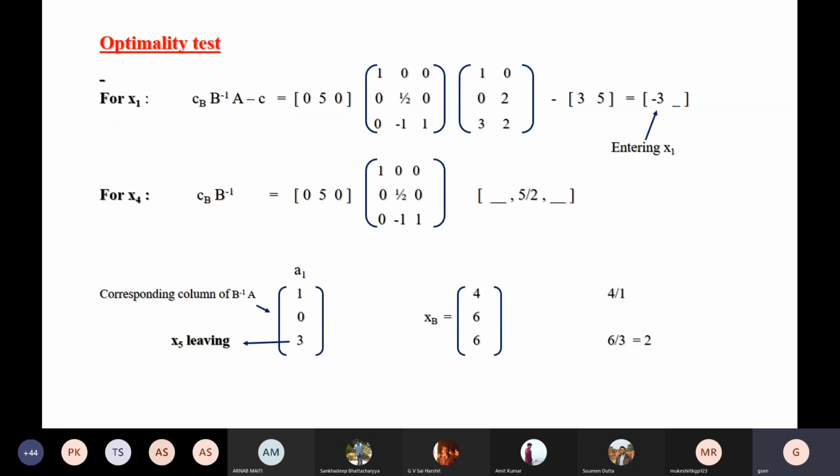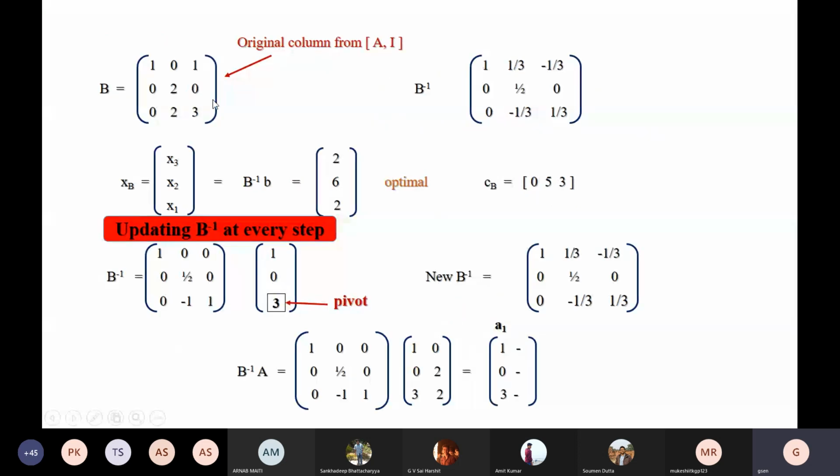We get the coefficients for non-basic variables x1 and x4 from those matrix expressions. Then we get the column for x1, which is chosen to enter. Then we do the minimum ratio and identify that x5 is leaving. So we replace the column of x5 with the column of x1, which is 1 0 3. So we get a new B, we compute B inverse, and get the new solution, which is 2 6 2.